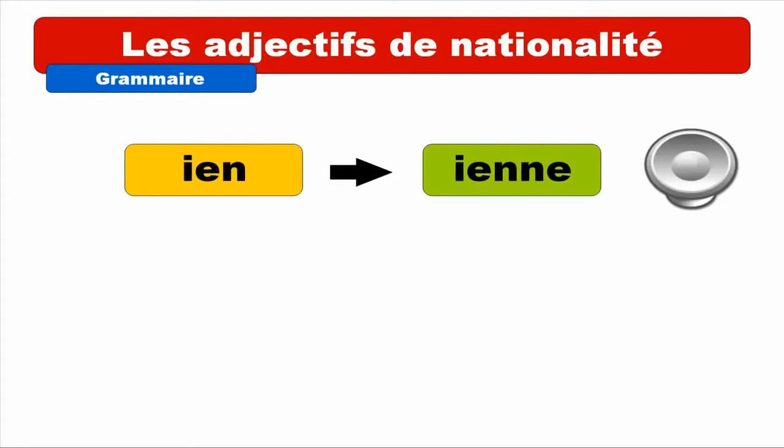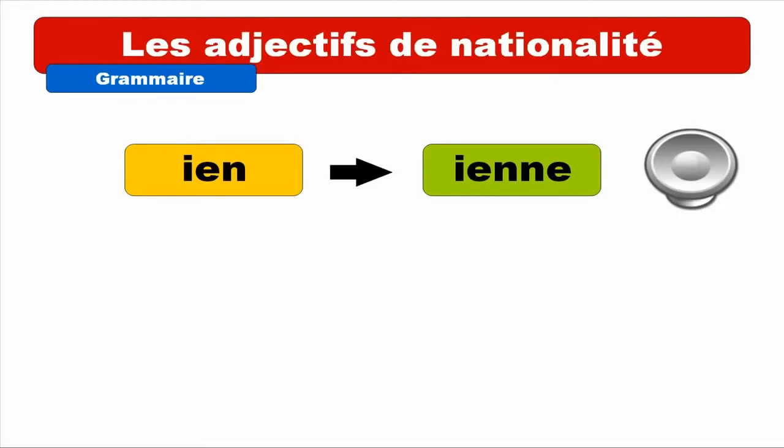And now we've got ien. Okay, so remember that the first I gives you the sound y. Okay, and then you've got yen, masculine form. Repeat, yen. Okay, feminine form it's yen.